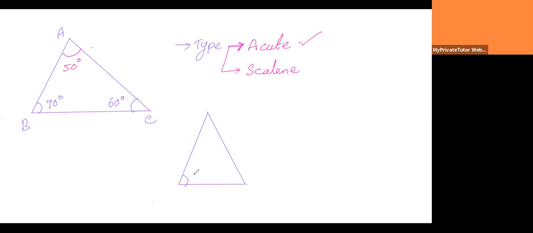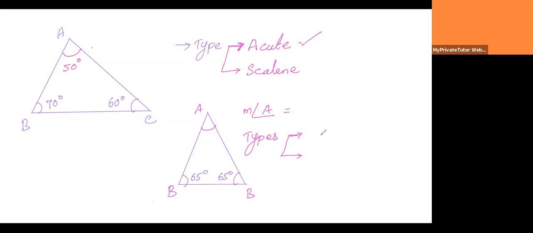No. 65 and 65. So please find the third angle, the unknown angle, and please tell me the type of triangle. What is the measure of angle A, and what type of triangle is it?